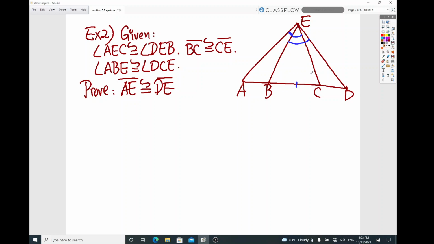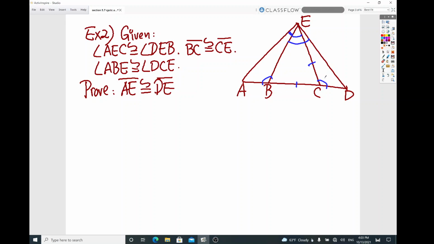This one's a little bit odd here. And then angle ABE is congruent to angle DCE. Those two angles. You want to show that segment AE is congruent to segment DE.